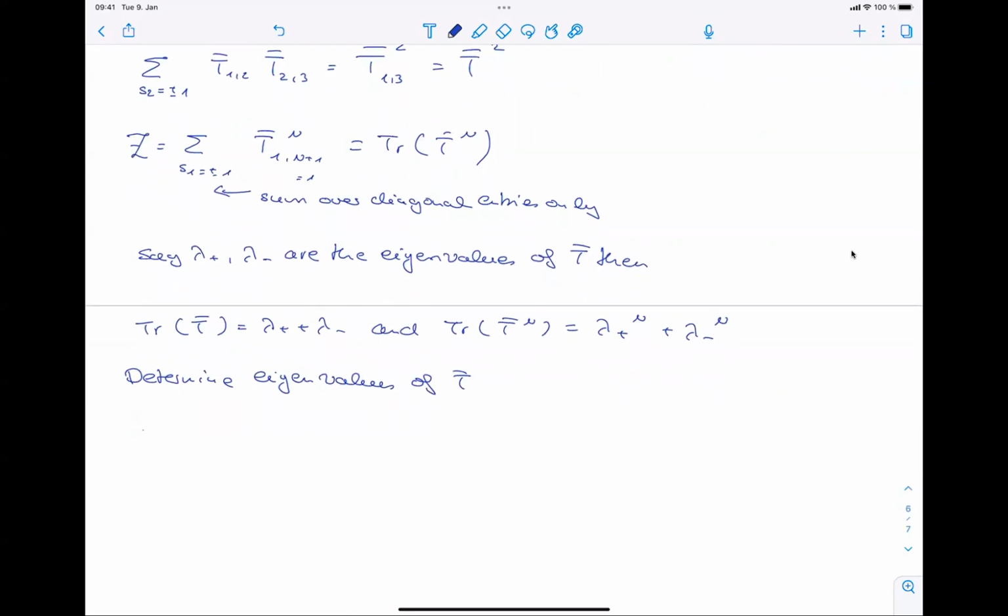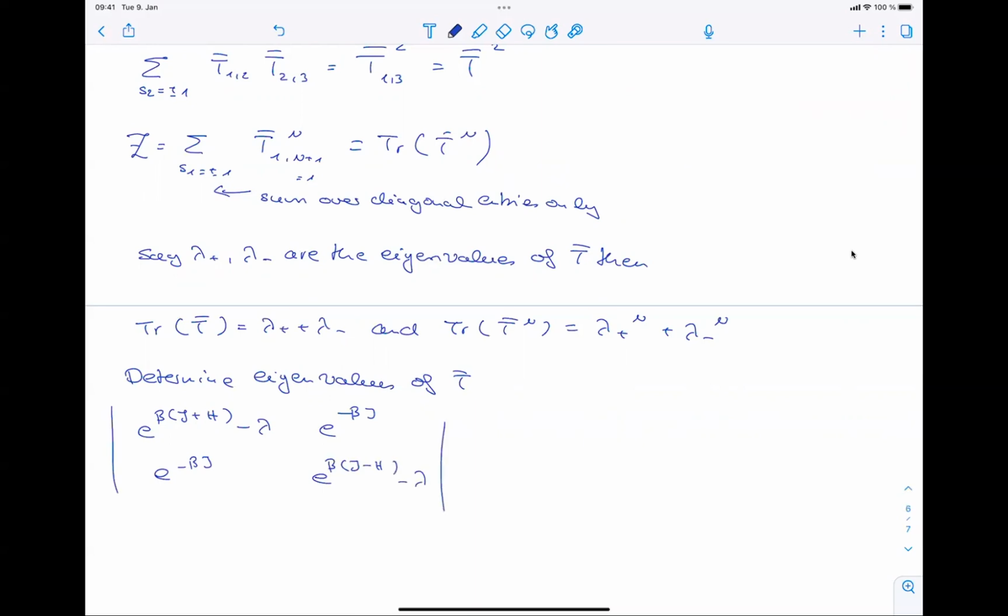by looking at e to the beta J plus h, e to the minus beta J, e to the minus beta J, and then e to the beta J minus h, each minus lambda.